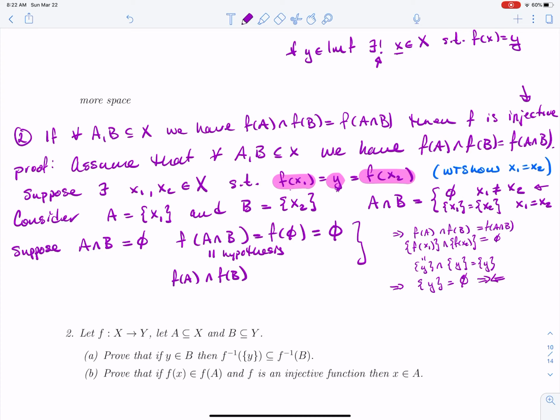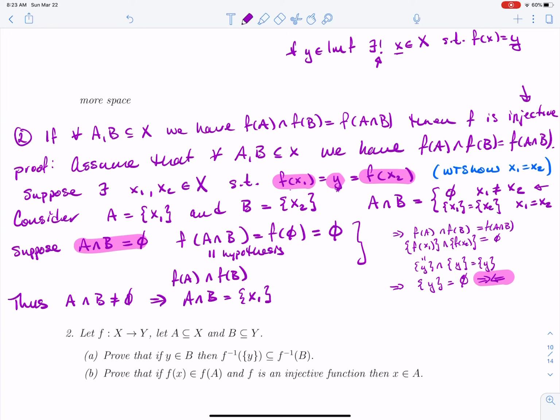It came from our hypothesis that A intersect B is the empty set. That means that my assumption must have been false. Thus, A intersect B is not equal to the empty set, and we said that if that's the case, the only possibility is that A intersect B is just equal to x1.